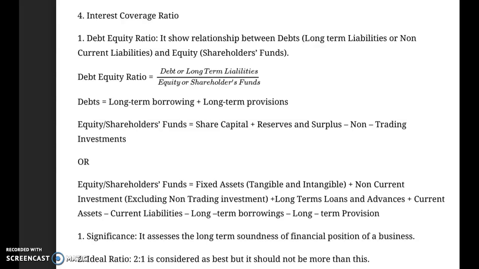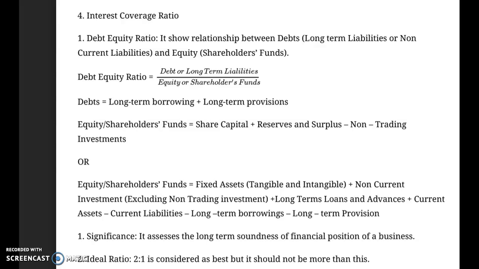And with reference to the equity shareholders fund or the equity, it includes share capital, reserves and surplus, and non-trading investments. Equity shareholders fund includes share capital, reserves and surplus, and all other free reserves and surplus and non-trading investments.